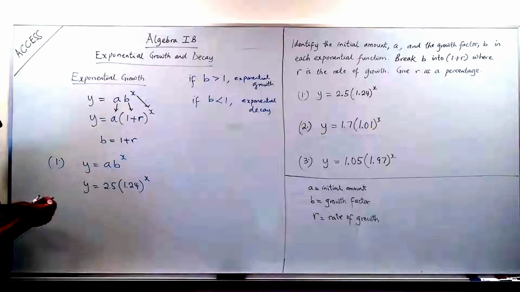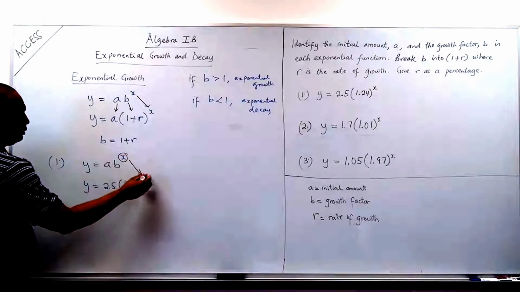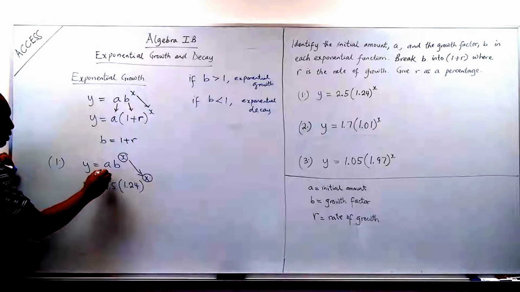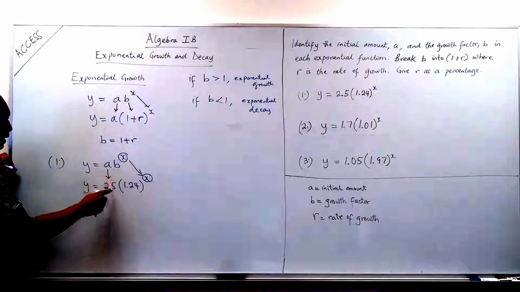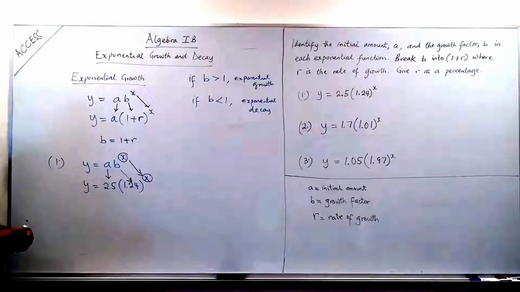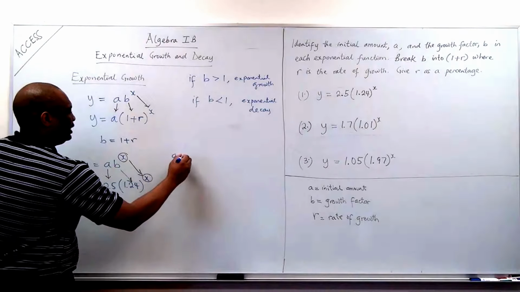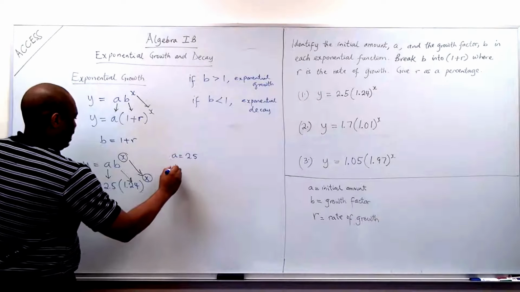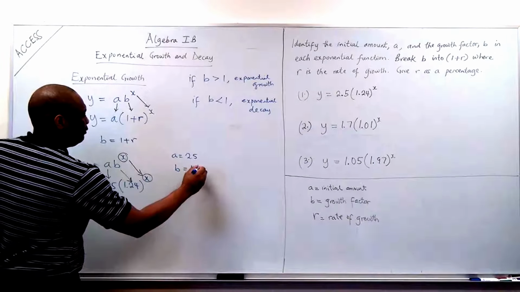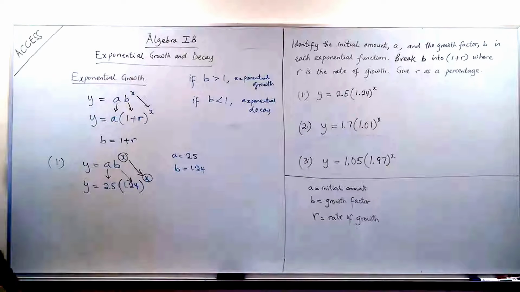Now, if you compare, you see that this is a, and this one will be b. So we have that our a, the initial amount, is 2.5, and our b is 1.24. That's what we have in this.